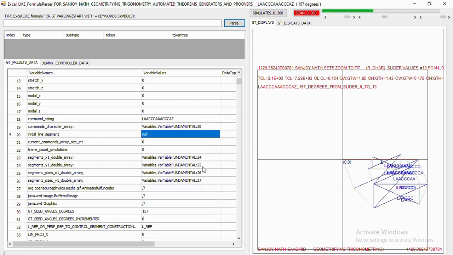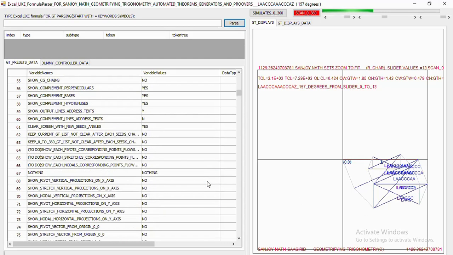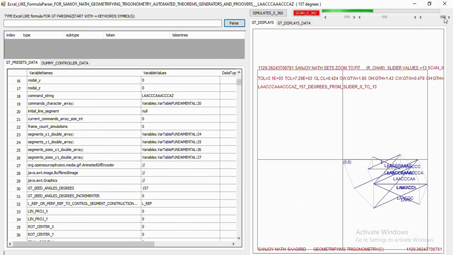Now I want to show you another interesting magic here, that is if all the output line segments of the stages, suppose the stages are like this. First one is the LAZ, then LAA. You can check the string from here also, and how many degrees are taken is also showing here.